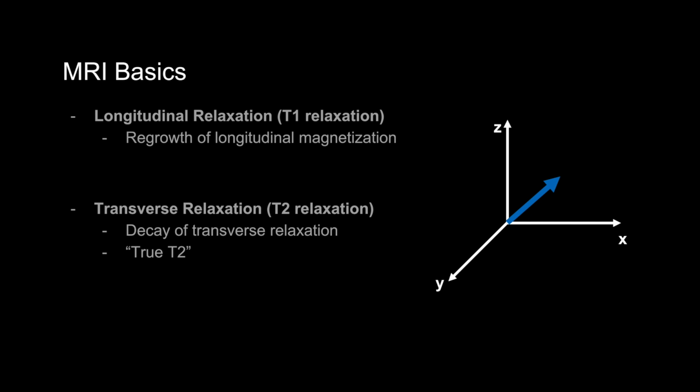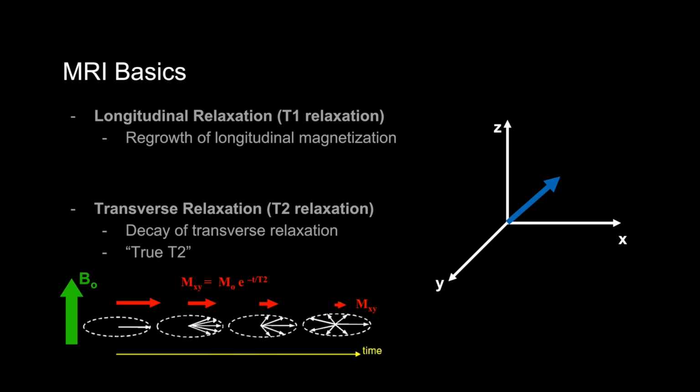In order to maintain signal in the transverse plane, the precessing molecules have to 1. remain in sync as they precess, and 2. stay in the XY plane. So, over time, the transverse signal goes away, which is called transverse relaxation or T2 relaxation.